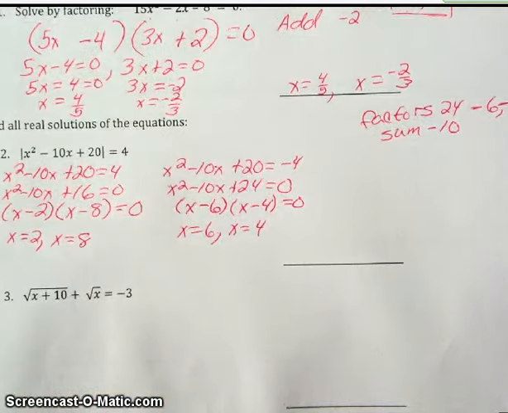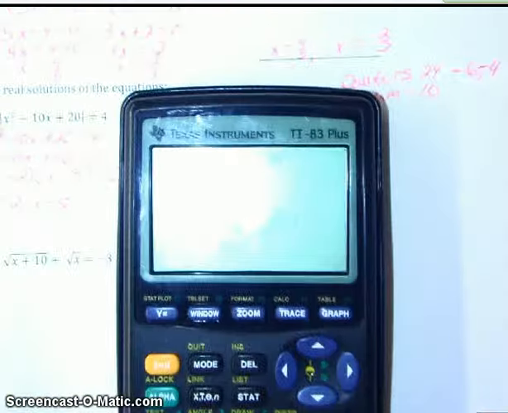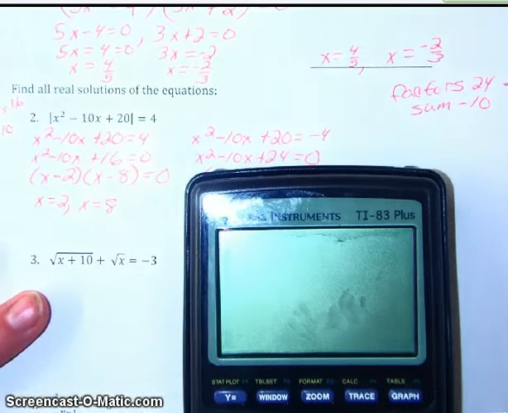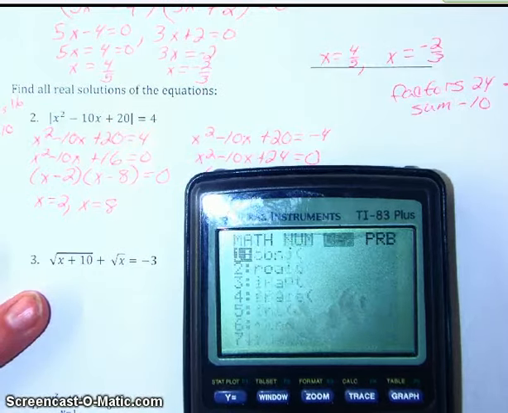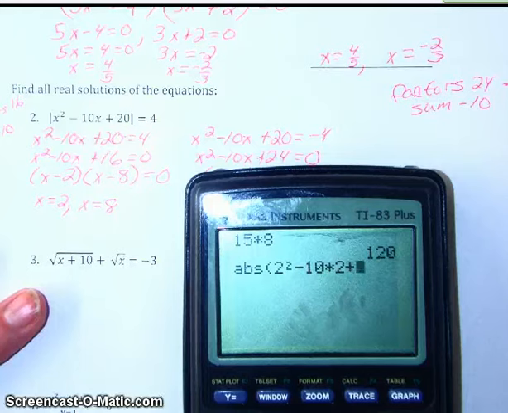Okay, so you're just going to plug those into the calculator to see if they work. Okay, so I've got the absolute value. Let's see, absolute value of 2 squared minus 10 times 2 plus 20 gives me 4.